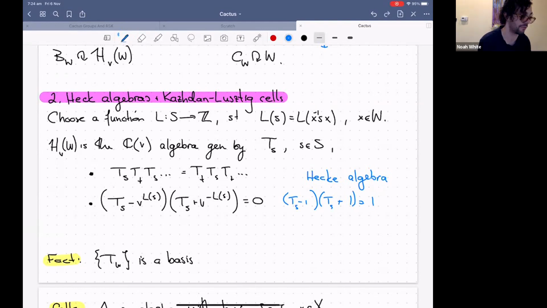So it's a deformation of the group algebra. And if w equals some reduced expression in the generators, then we let T_w be the product of these things. And then these form a basis. This is usually called the standard basis.